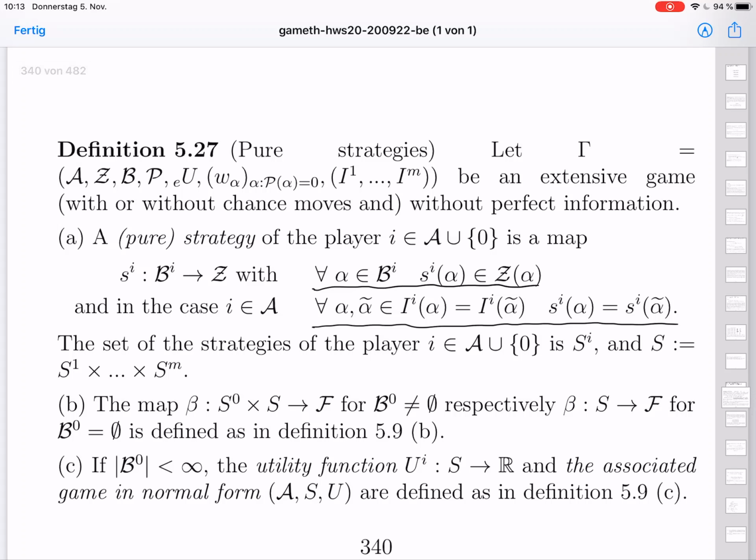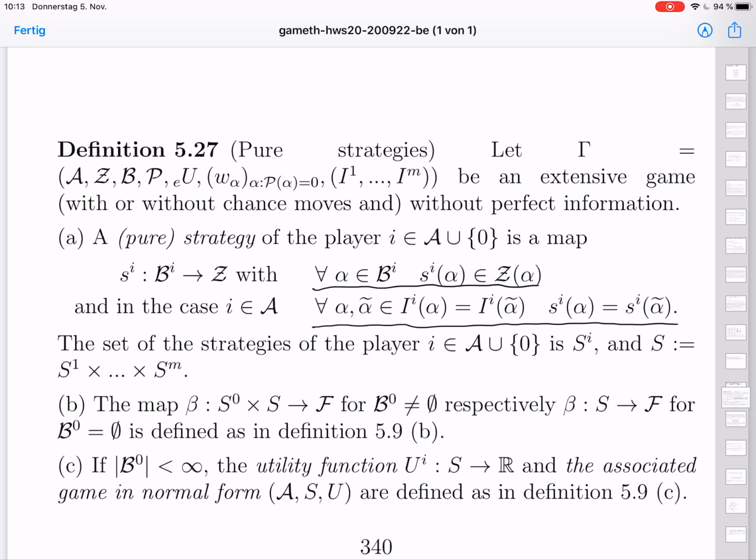So the map beta is defined as before. And for the person player UI, the utility function is also defined as before if the set of plays where player nature has to do the next move is finite. And then we also get again an associated game in normal form.